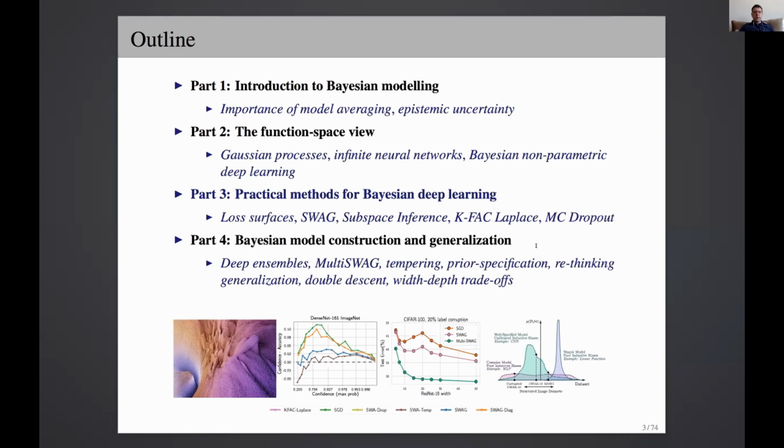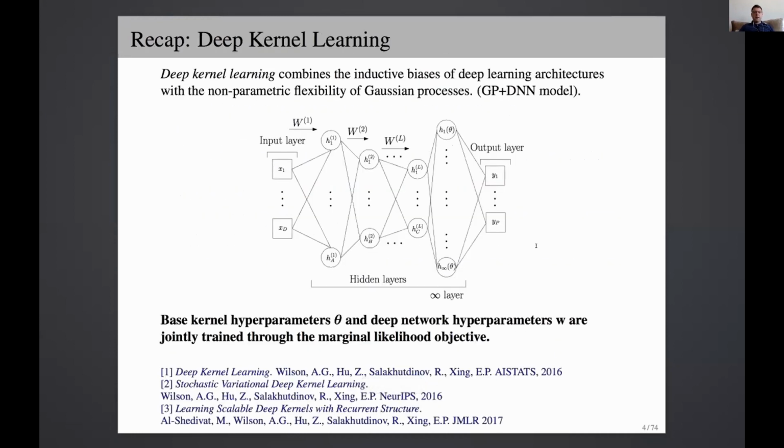So as a brief recap, at the end of the last presentation, we were talking about an approach called deep kernel learning, which combines the inductive biases of deep learning architectures with many of the nice properties of Gaussian processes, such as a non-parametric representation.